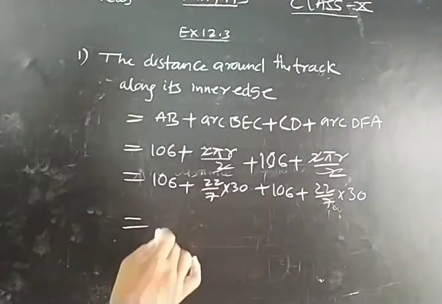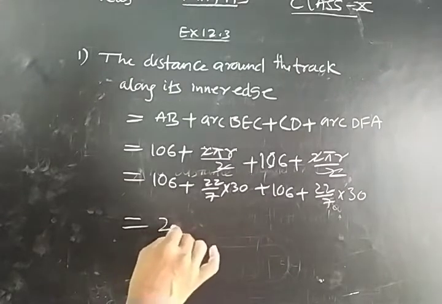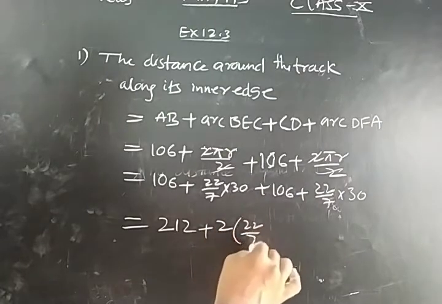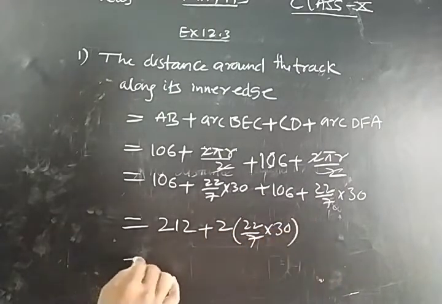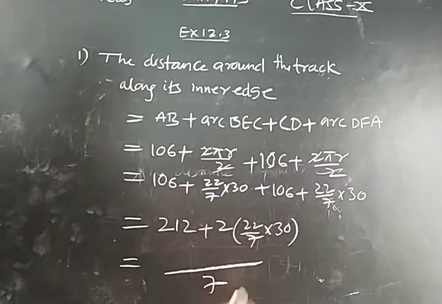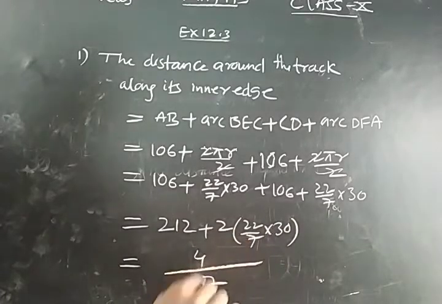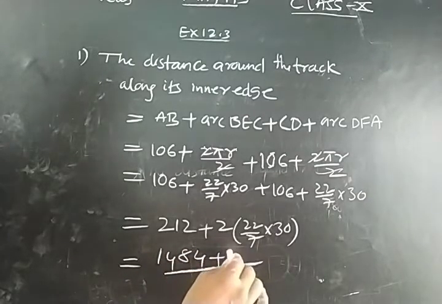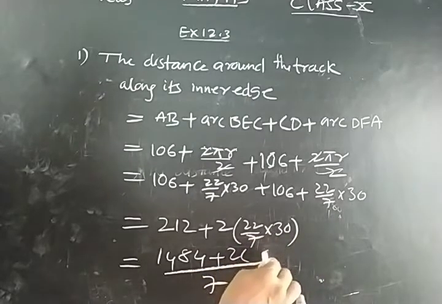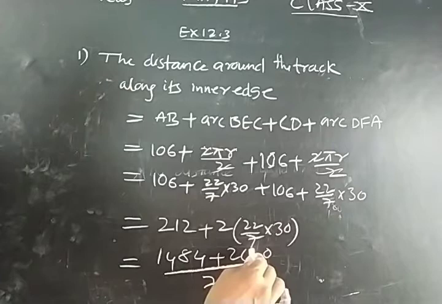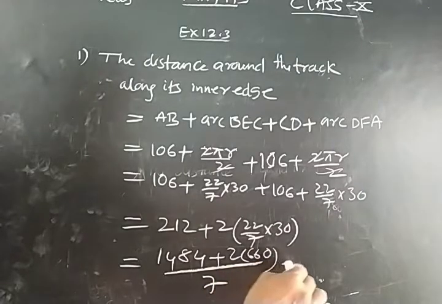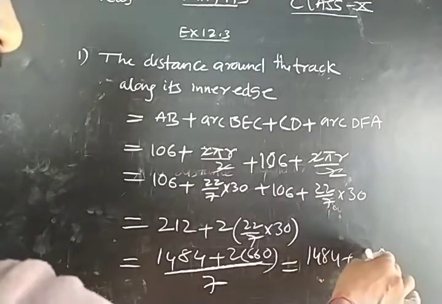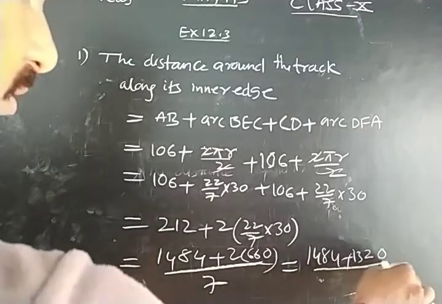Now that is equal to 106 plus 106, 212, plus 2 into 22 by 7 into 30. By taking LCM, 7 is the LCM. 212 into 7 is 1484, plus 2 into 22 into 30 is 1320.